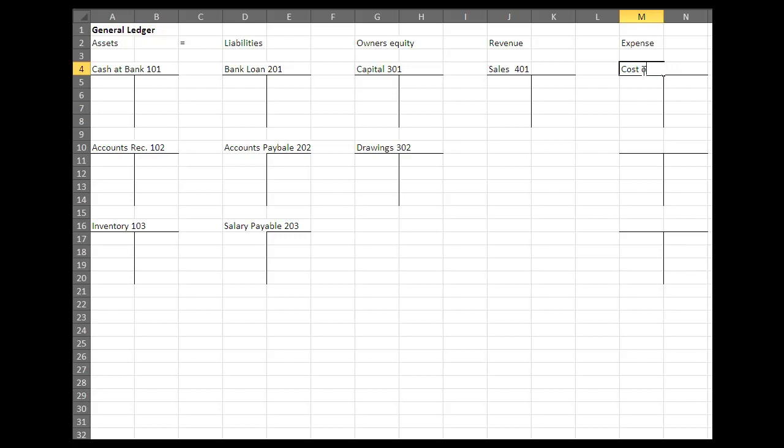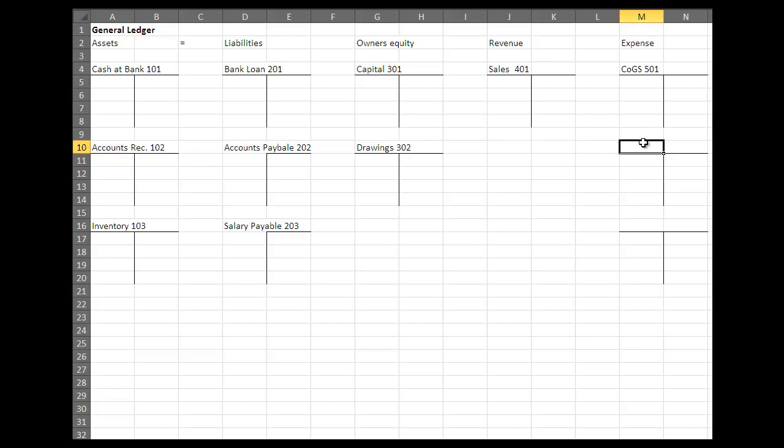Right, I'll just put in COGS so that it fits. COGS 501. Now, it could be argued that COGS is really a contra account to sales, but we won't treat it as a contra account to sales in here. We'll just treat it as an expense account.